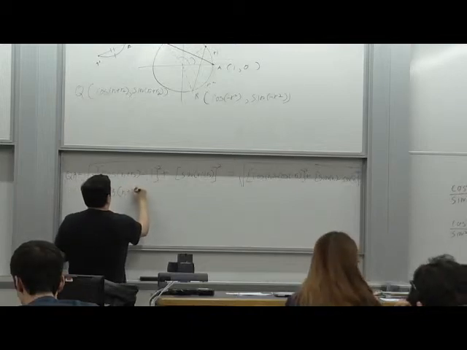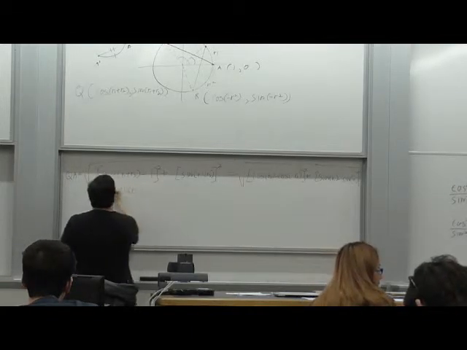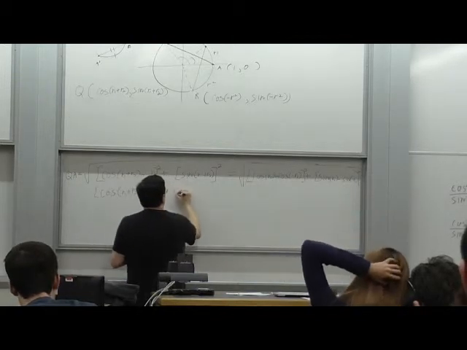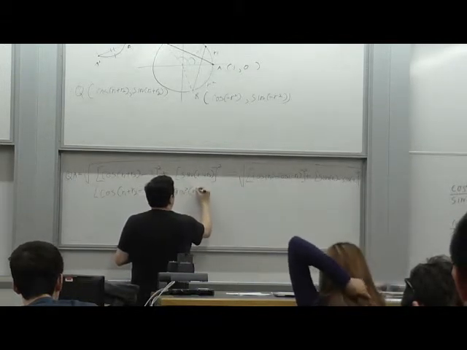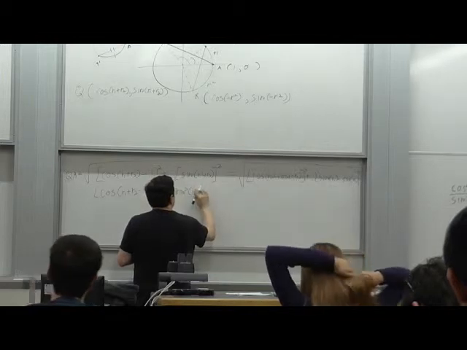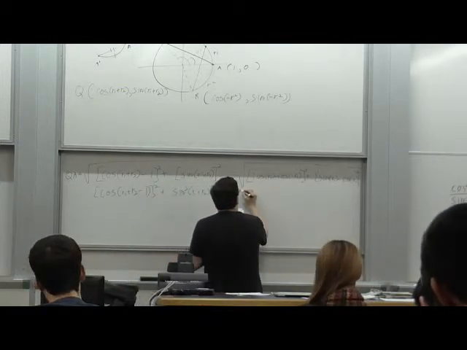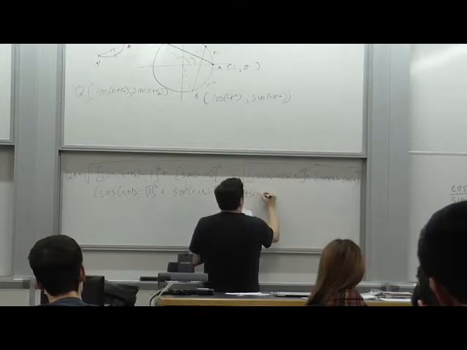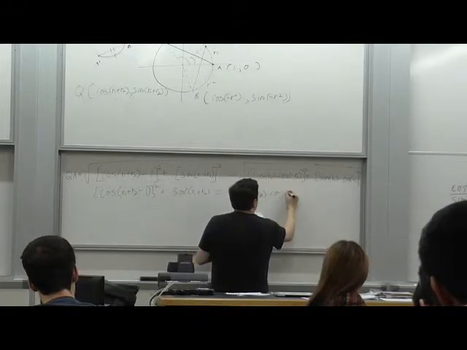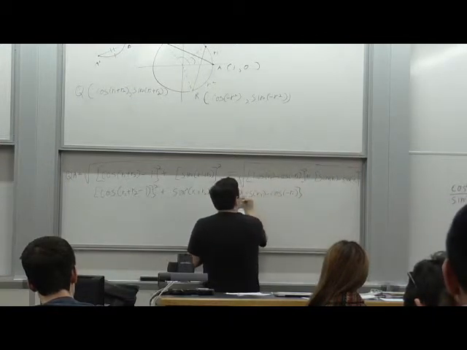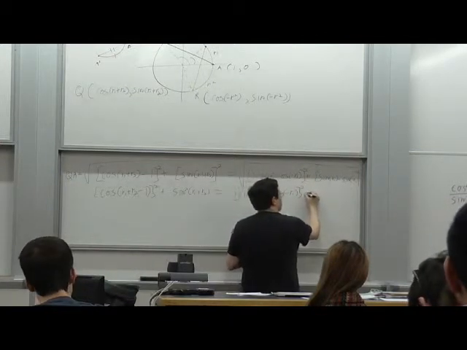Cosine of R1 plus R2, minus 1, squared, plus sine squared of R1 plus R2, equals cosine of R1 minus cosine of negative R1, squared, and so on. You won't have to reproduce this anywhere, anytime in the future.